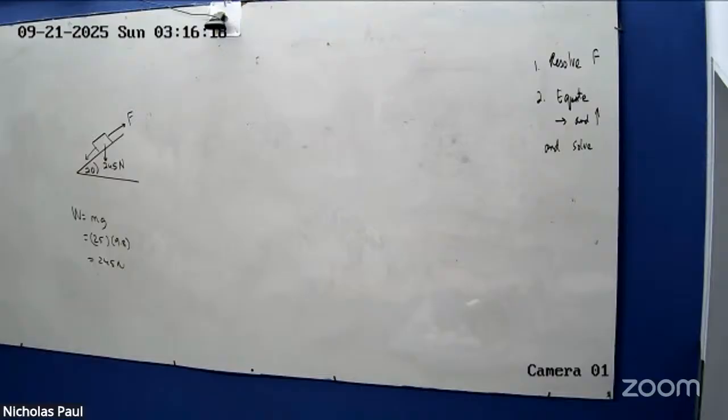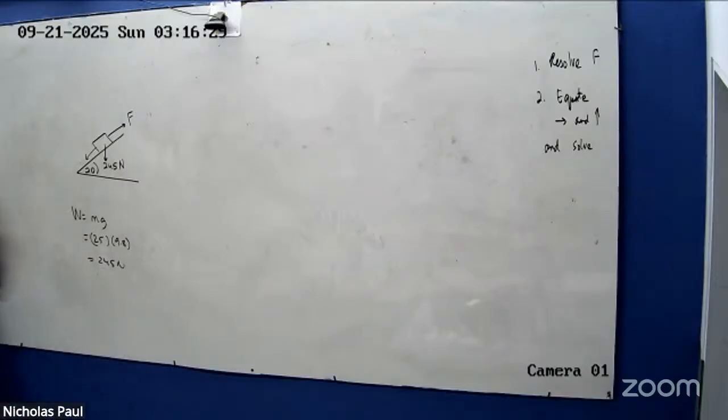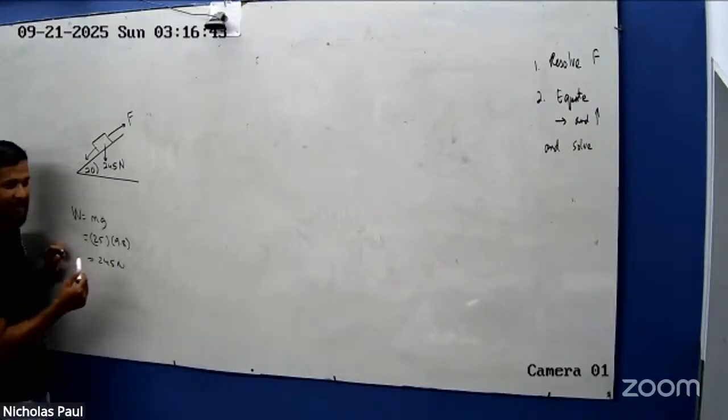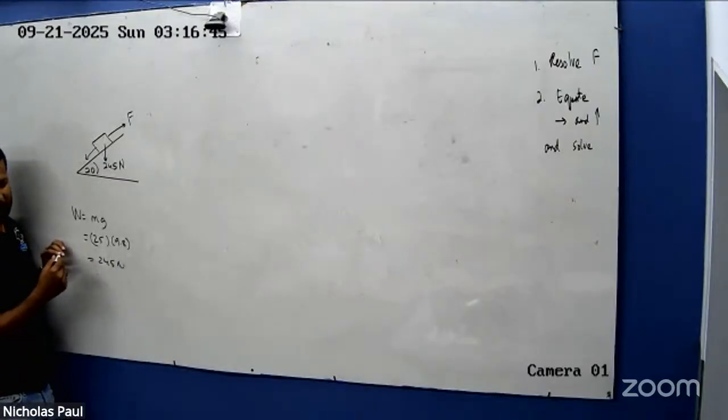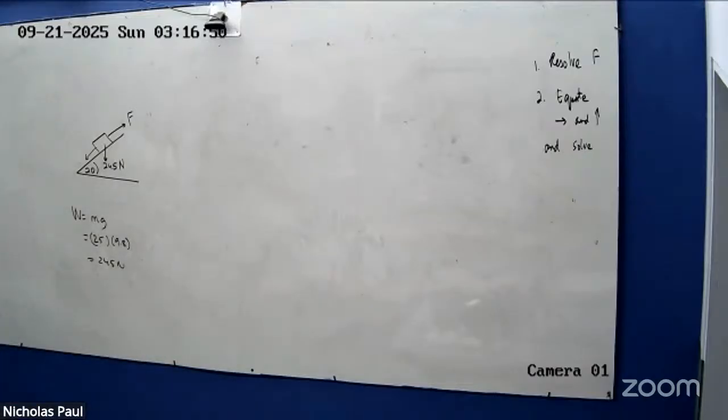The weight acts perpendicular, vertically downwards. Yes, vertically downwards. I'll tell you now how to figure it out. I don't want a hard one, I just want to see how you resolve.